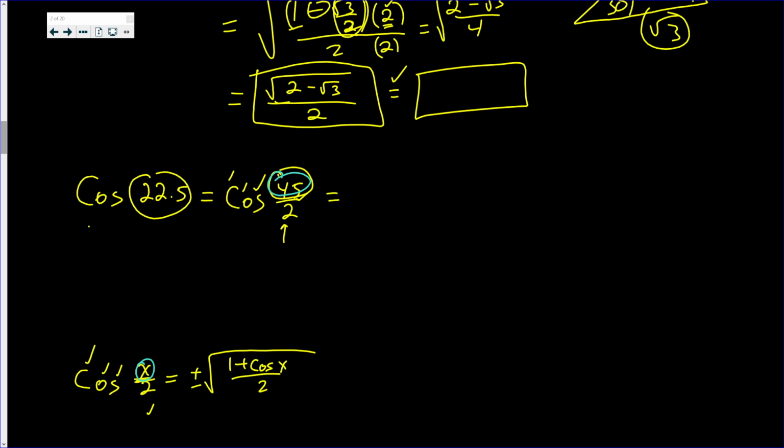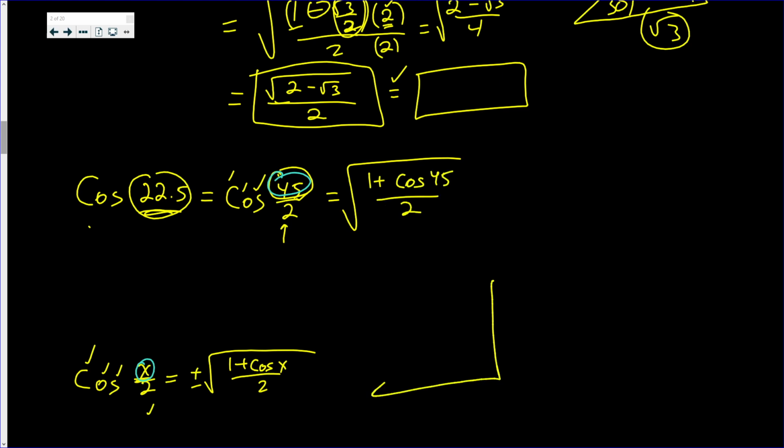Now, the cosine is positive. 22.5 degrees is in quadrant 1, and all trig functions, including cosine, are positive in quadrant 1. So we get the square root of 1 plus the cosine of 45 degrees, over 2. 45, 45 right triangle, 1, 1, square root of 2.